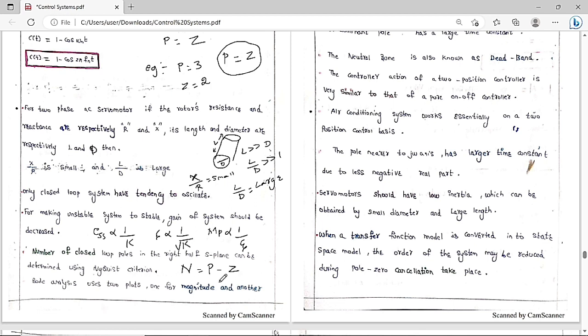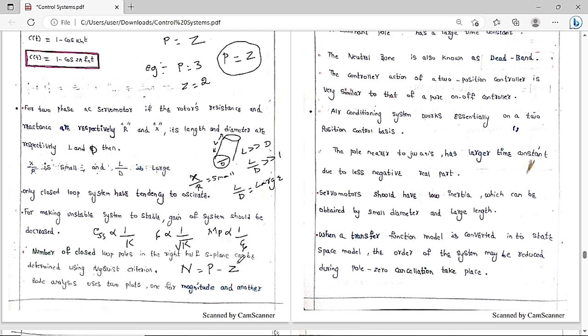N is equal to P minus Z. N is the number of encirclements at -1, 0 in the G(s)H(s) plane. Anti-clockwise take it positive, clockwise take it negative. P is the number of poles of G(s)H(s) present in the RHS of the S plane. Z is the number of closed loop poles of G(s)H(s) in the RHS of the S plane.